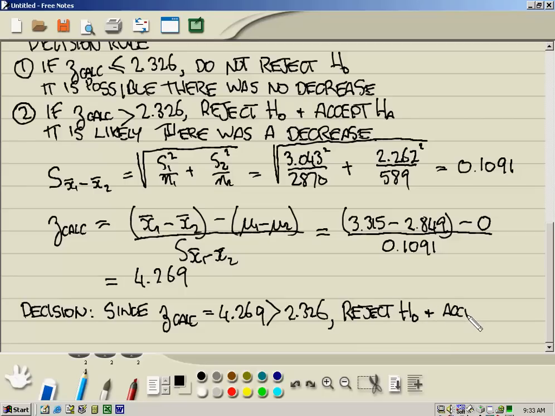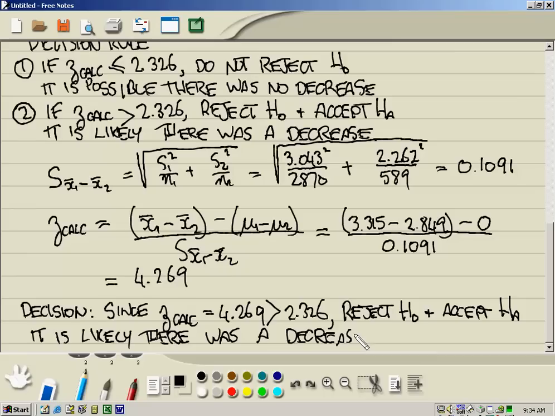In its place, we'll accept the alternate, and interpretation is likely. There was a decrease. And that's the end of that problem.